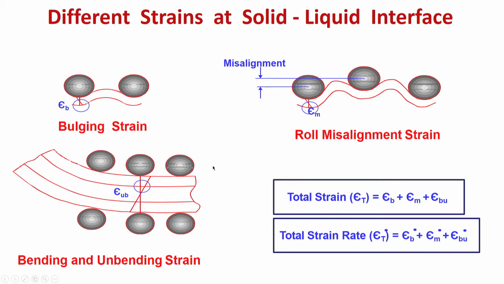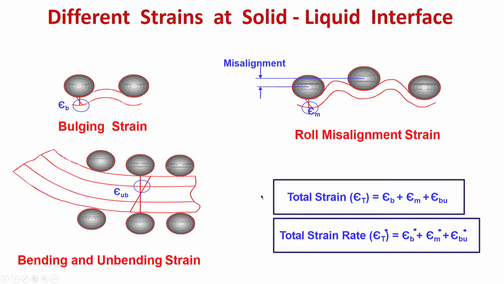And also, finally, when there is a curved strand, we have to make it horizontal. The only way out is we have to straighten it. So, it is called unbending. So, again there will be an unbending strain. So, there is a bending and then unbending. It is called UB, unbending, bending, strain.